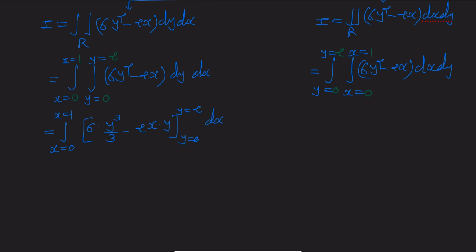Here this 3 can be cancelled out, and so this is equal to integration x is equal to 0 to 1, 2y cube minus 2xy from y is equal to 0 to y is equal to 2 dx.